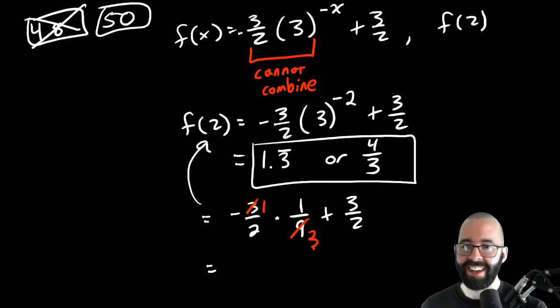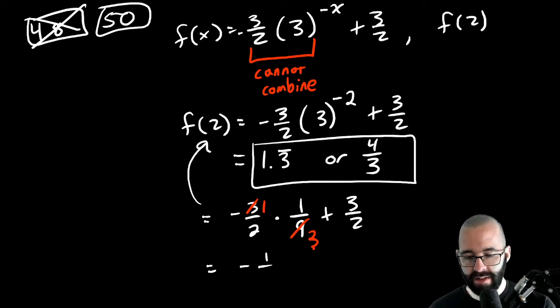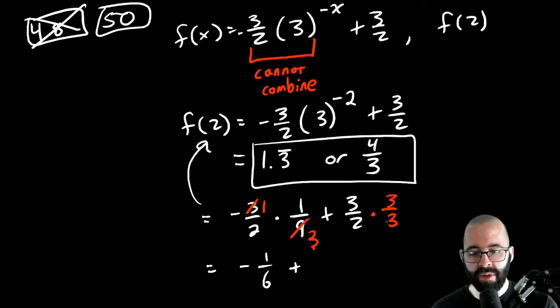Whew. That'll give us -1/6. Get common denominator. 3/3. That's going to be 9/6. That's 8/6 or 4/3.